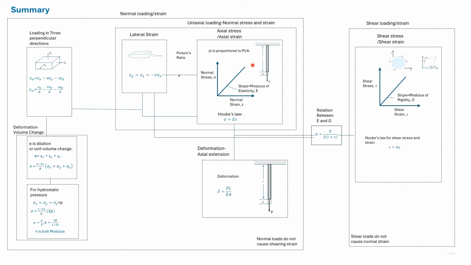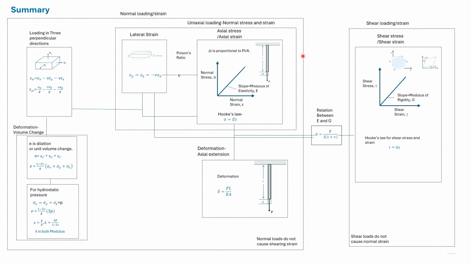Then it has been found that delta L, the extension in length, is proportional to PL divided by A, from which we have found that stress is proportional to strain. The slope of the stress-strain curve is the modulus of elasticity, E. Hooke's law states that sigma is equal to E into epsilon.